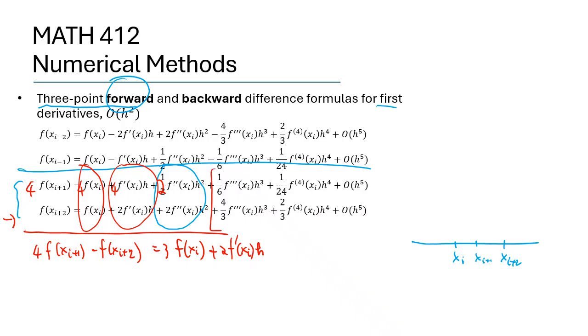How about this term? It's times 4, that's a 3, 2, right? Therefore, it's minus 2 over 3 f triple prime x i h cubed. We have such a term, plus other terms. In all those terms, this term dominates when h is small, so this term is simply big O of h cubed.